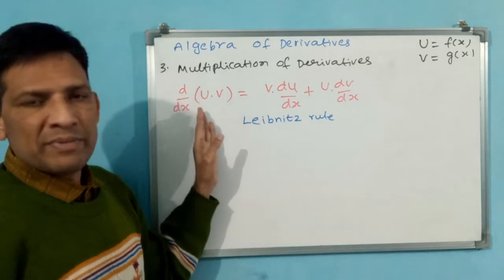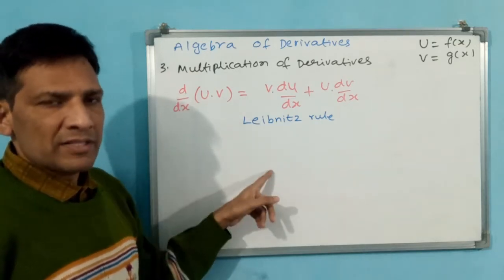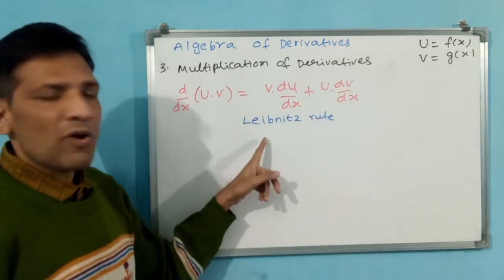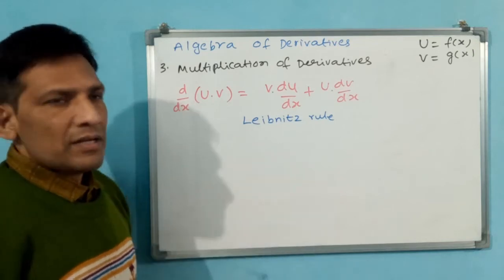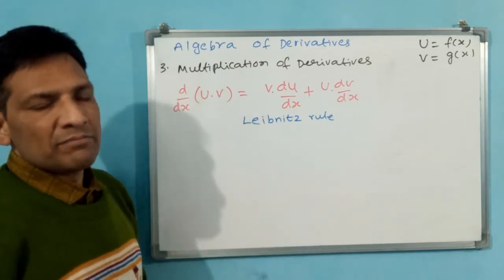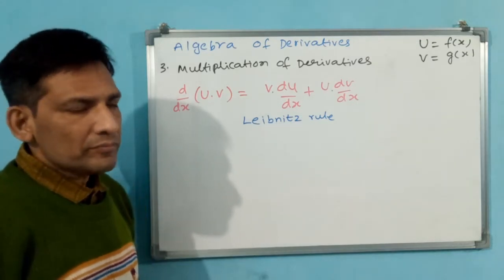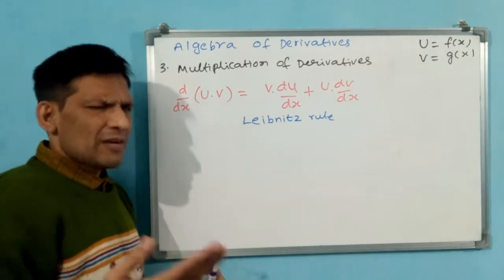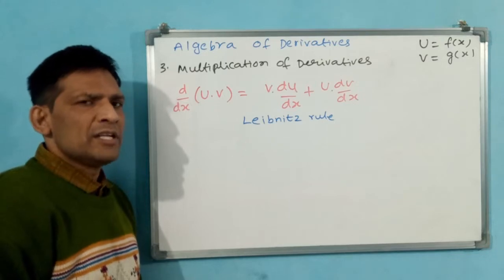It has been named on his name. This theorem must have been found by Leibniz, the German mathematician. That is why this name has been given to this theorem, or equation or formula. Leibniz rule means, don't confuse, the derivative of the multiplication of functions is called the Leibniz rule.